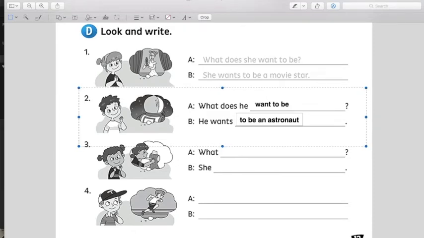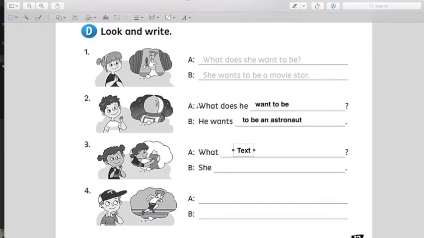The reason we use an is because the word here starts with the letter A, which is a vowel. So anytime one of these nouns starts with an A, E, I, O, U, then we use an. He wants to be an astronaut, period. Good job. So let's go ahead and do number 3.